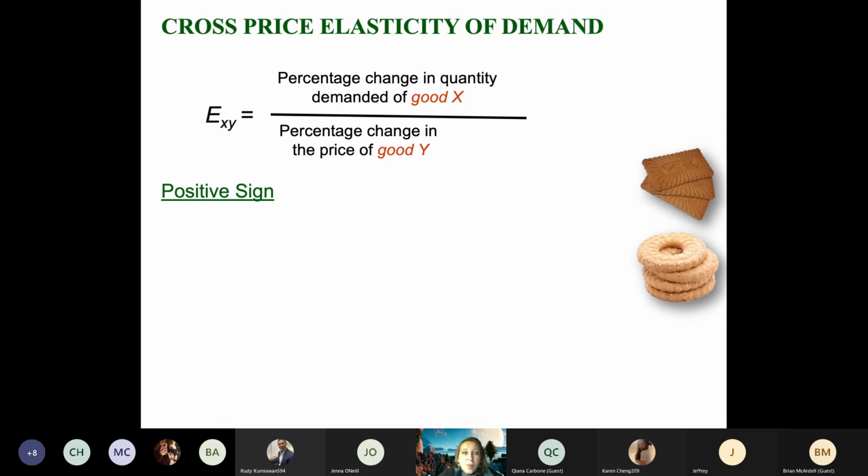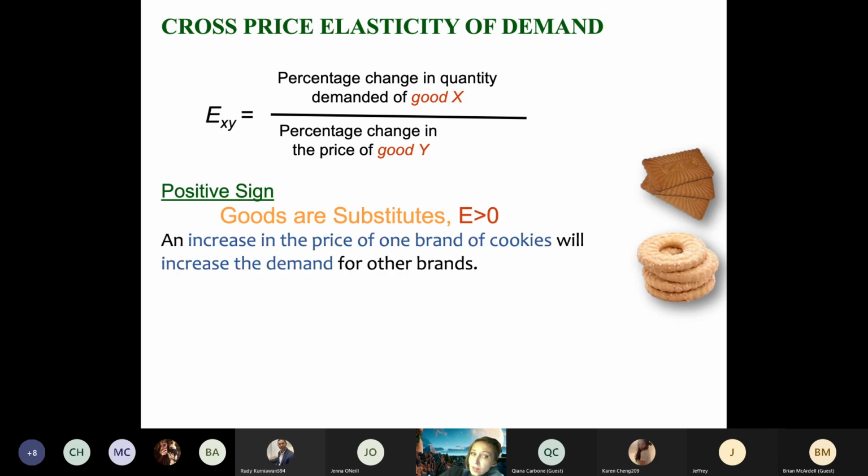But in case of substitutes, like cookies and crackers, we would have a positive number. So say the prices of cookies went up by 10%, then people want more crackers, if it's true that the two are substitutes. So we'll have a positive number for elasticity.